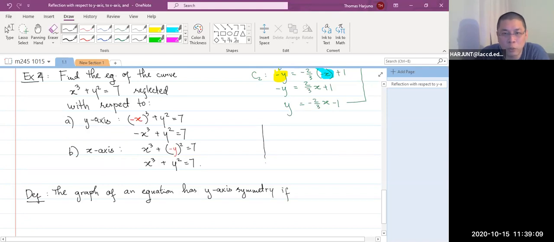First, by intuition, when you look at that graph, how it behaves on the right-hand side is the same way it behaves on the left-hand side. Then we say, oh, the graph has y-axis symmetry.